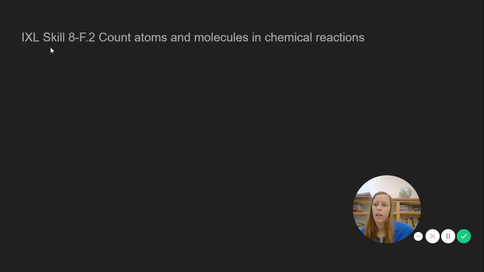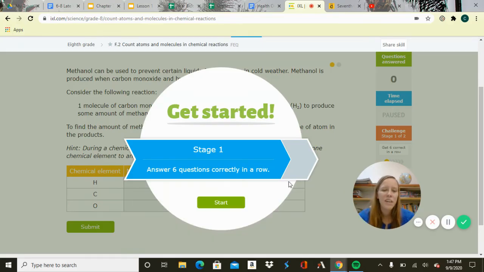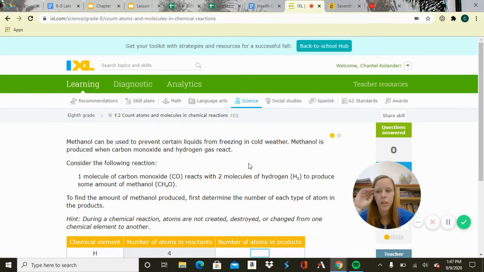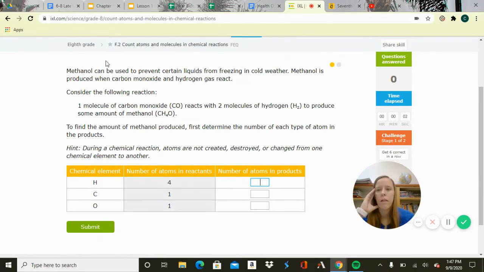So, assignment is going to be counting atoms and molecules in chemical reactions. We're just going to go through one here together. So, we have methanol. Methanol can be used to prevent certain liquids from freezing in cold weather. And methanol is produced when carbon monoxide and oxygen gas react.